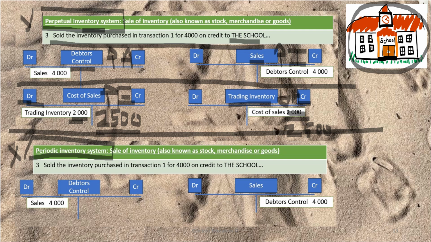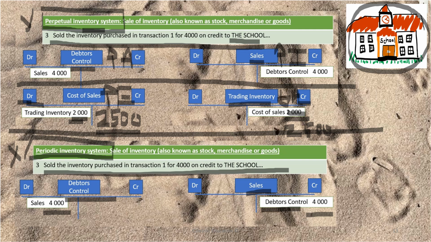Now the periodic inventory system is easier because cost of sales is not calculated at the point of sale. So there's the transaction. Debtors control was debited with the selling price 4,000, and sales was credited with the selling price 4,000.